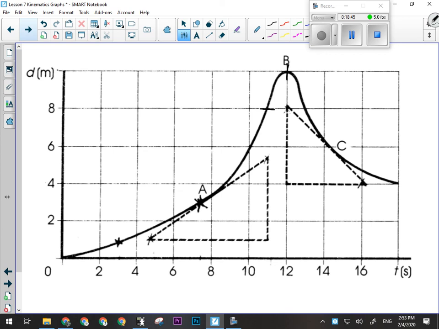It's slowing down. In fact, it's coming to a stop. And from here to here, what's it doing? It's accelerating backwards. Which way was it accelerating here? Backwards. If it wasn't accelerating backwards, would it have stopped?